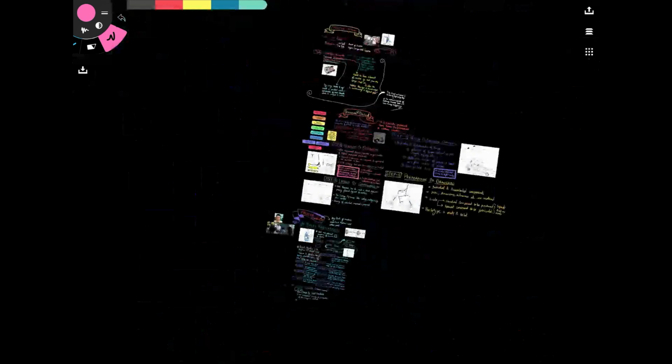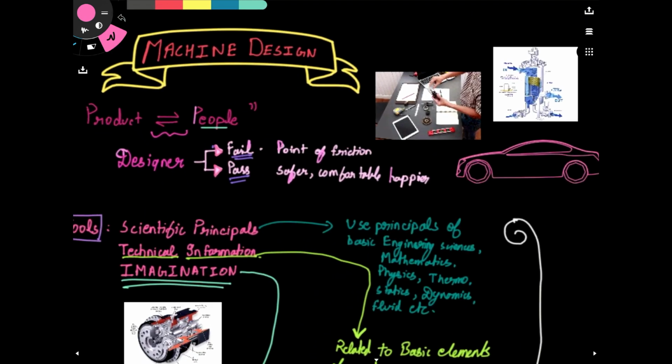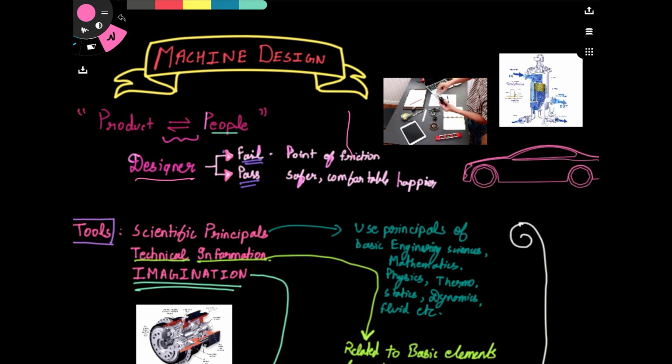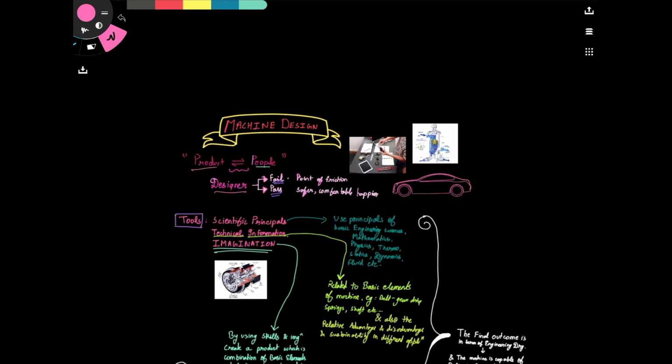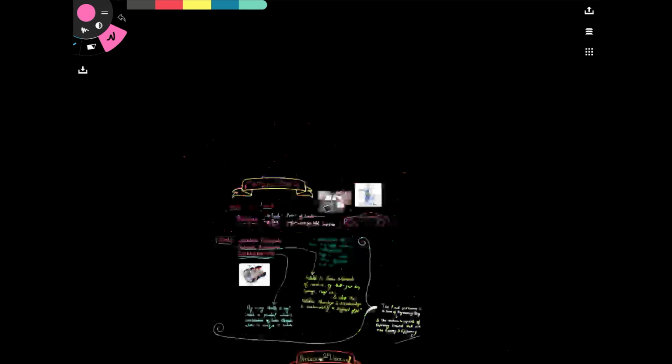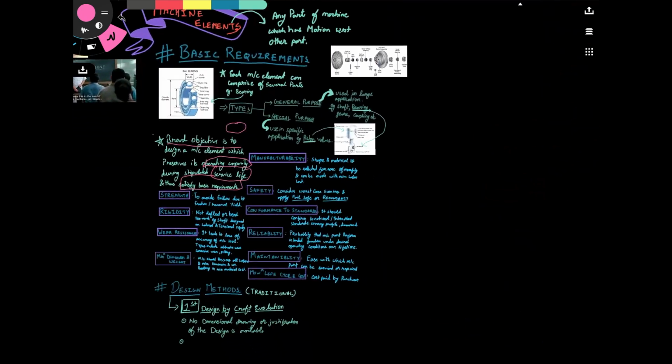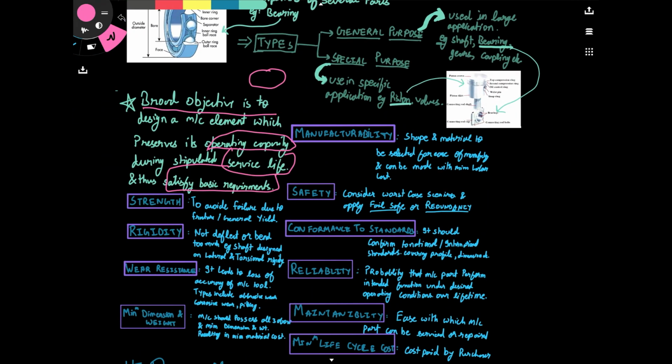As we told you in the first lecture itself, a designer is a person whose job is to interact with the product and the people, and he only passes when he makes the product safer and makes the customer happier. So customer centricity should be our aim.